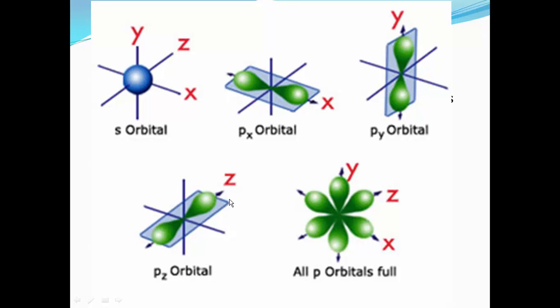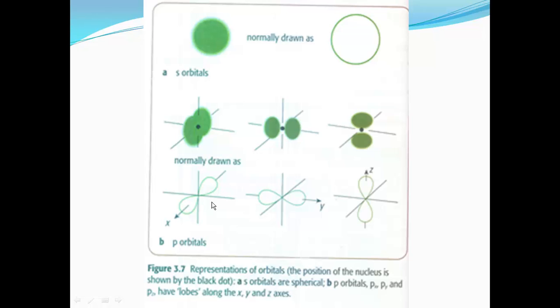Here is a picture of the other orbitals again. So that means in this px, the x means it's on the x axis, the y axis, and the z axis, and each can hold 2 electrons. That's why the p's can hold 6: 2, 4, 6.